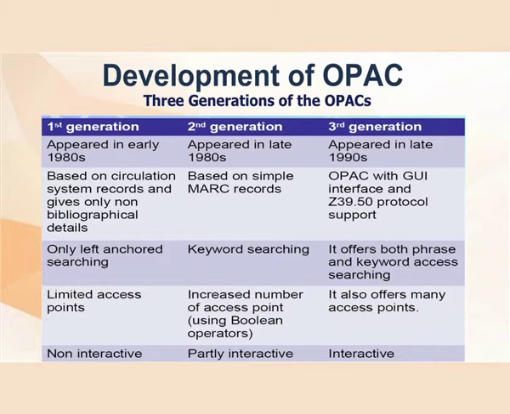They were available with a graphic user interface, or GUI, and the Z39.50 protocol, meaning they were compliant with the Z39.50 protocol. They offered both phrase and keyword searching. They also offered many access points, and third generation OPACs are interactive as well.